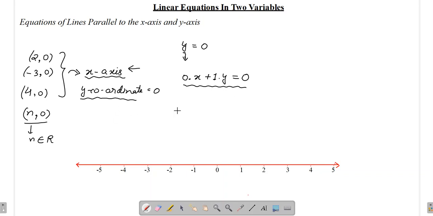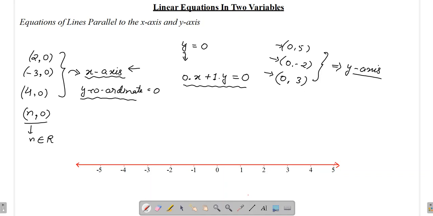Similarly, if we talk about the points, say (0, 5), (0, -2), (0, 3), all these points will always lie on the y-axis. Now here you all can observe that their x coordinates are 0, which means the equation of the y-axis is x = 0.